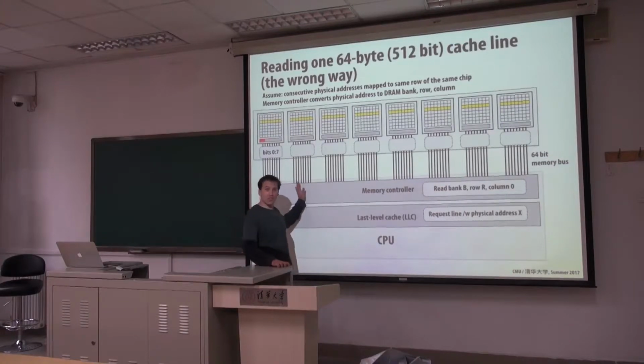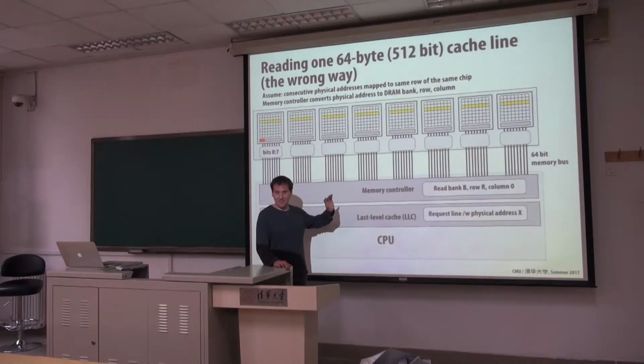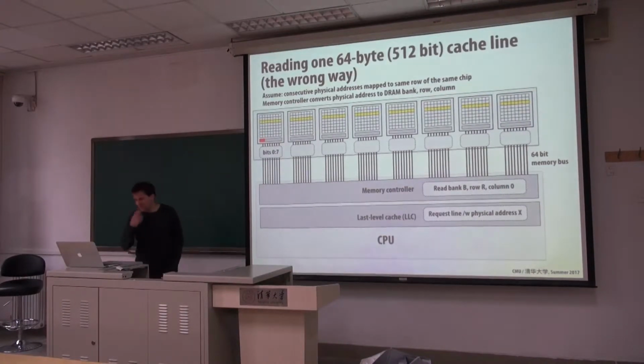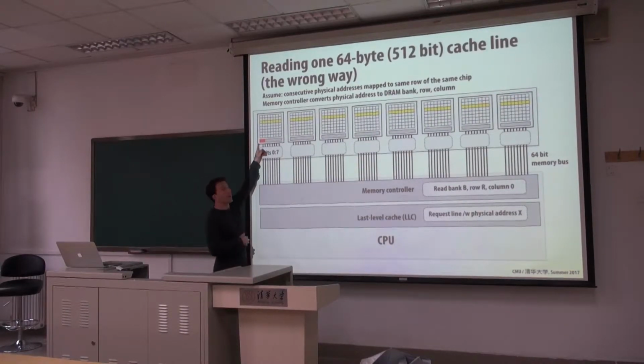Now, we can only transfer 8 bytes of data at a time, because the memory bus is 64 bits. So let's say that we do the very obvious thing. The obvious thing is that 64 bytes of data that are next to each other in the address space should be next to each other in the same row of one chip. Makes sense, right?